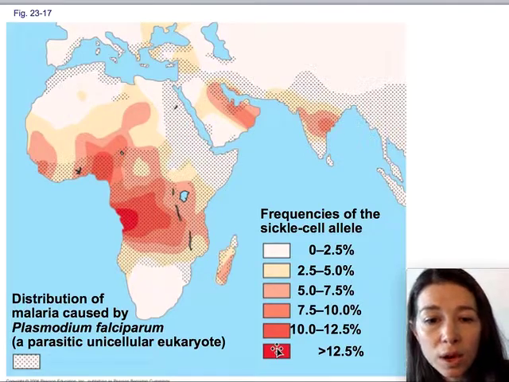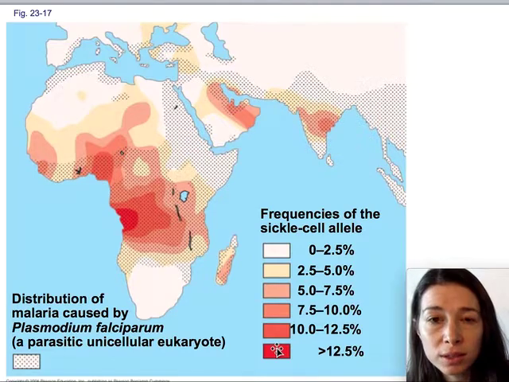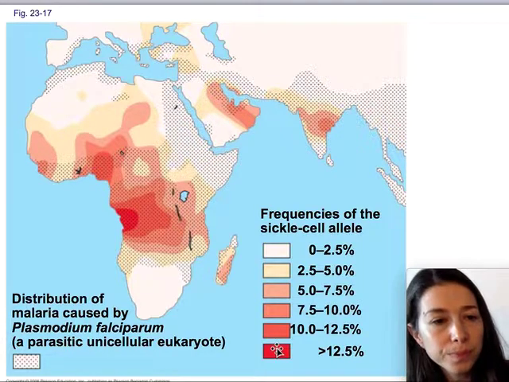So we know that evolution has affected the distribution of these alleles and has selected for them. People who had one bad allele have a reproductive and survival advantage.